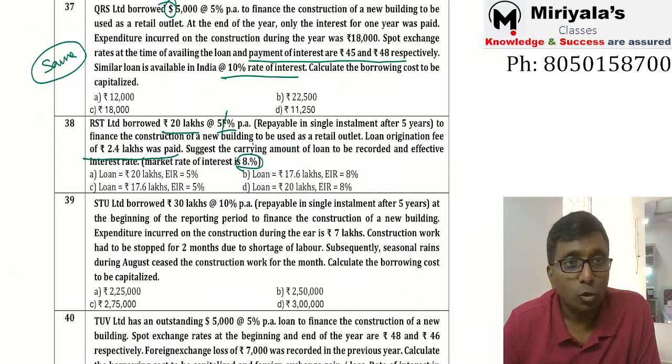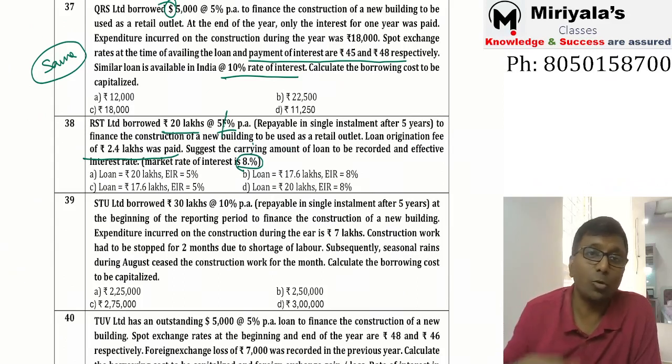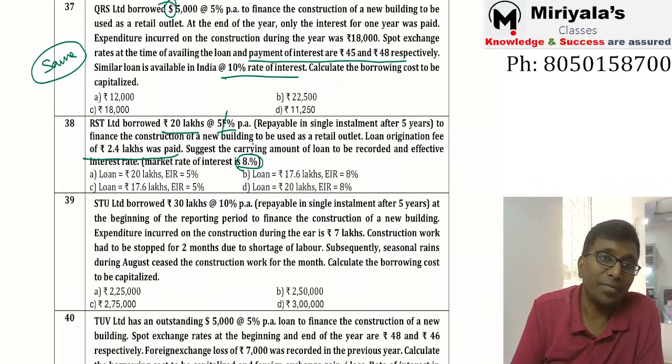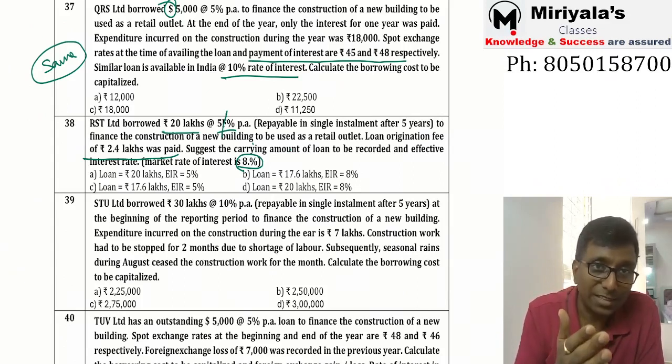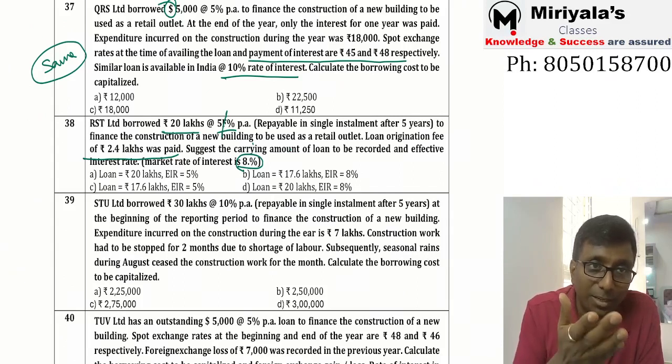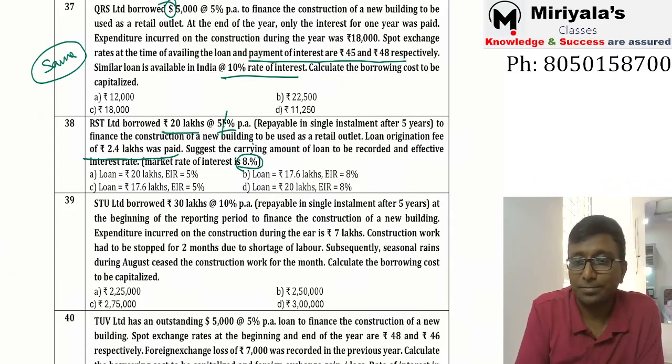Done. But you have paid 2.4 rupees of origination fees. Your loan origination fees you have paid. That means how much money have you got exactly? We have got exactly 20 minus 2.4. Agree? Exactly, 20 minus 2.4 is the amount you have received.